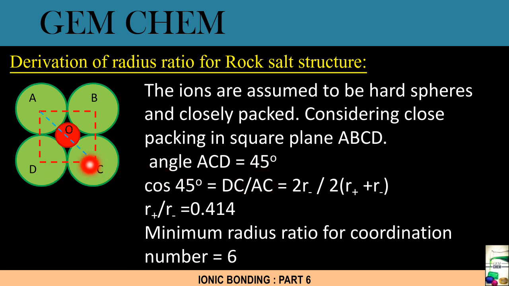We know DC equals 2r minus, whereas AC equals 2r plus and 2r minus. So ultimately from here we can get the radius ratio as 0.414, and this is the minimum radius ratio for the coordination number of 6.